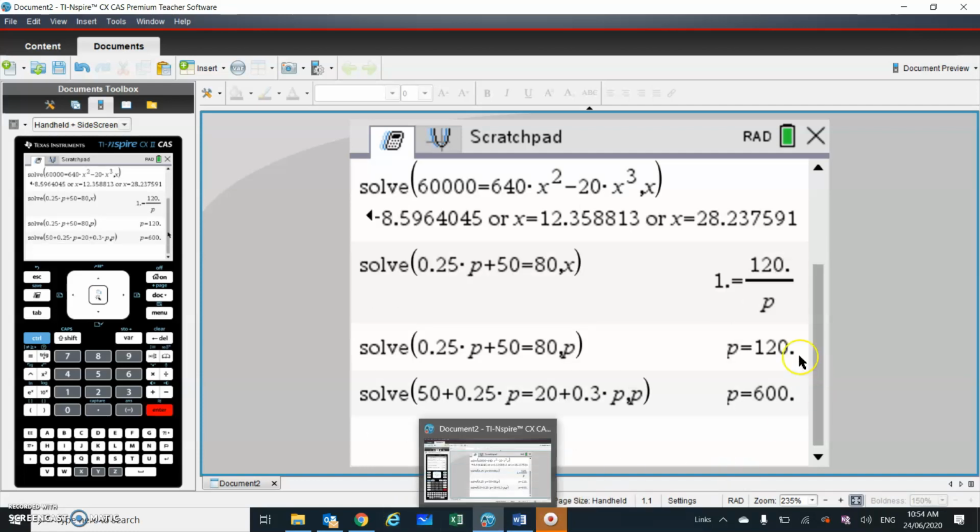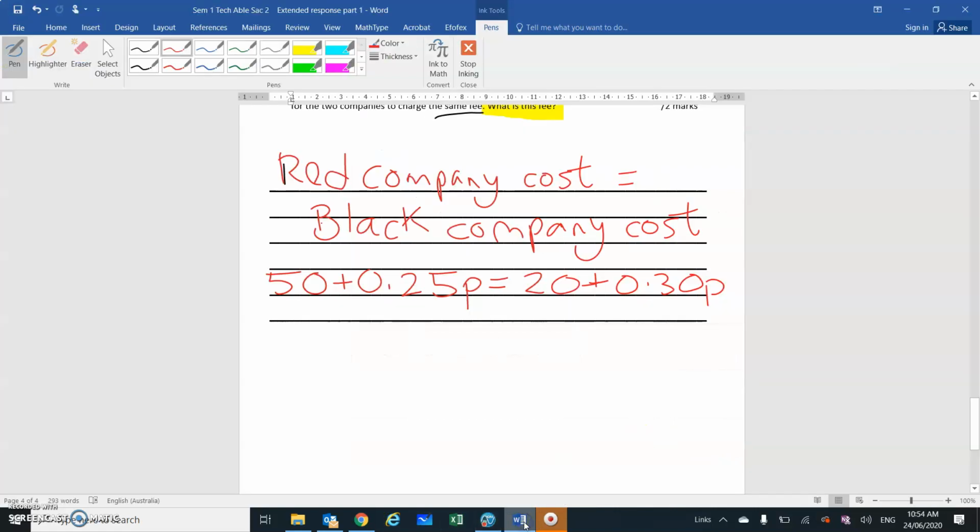So that 600 is the number of calls. Going back to here, p equals 600, so 600 calls to be charged the same fee.